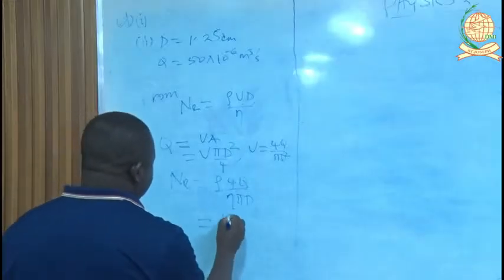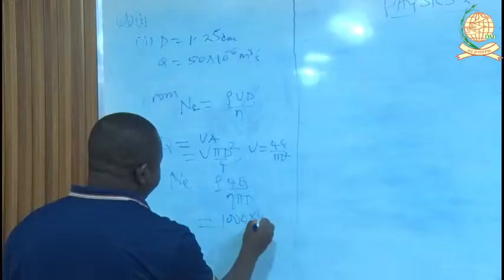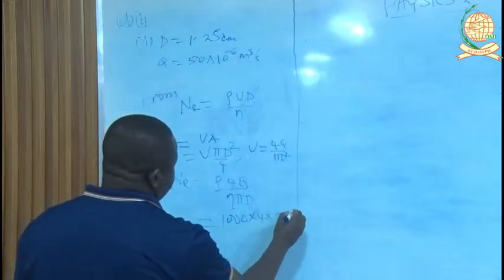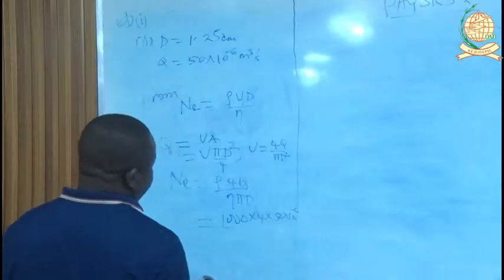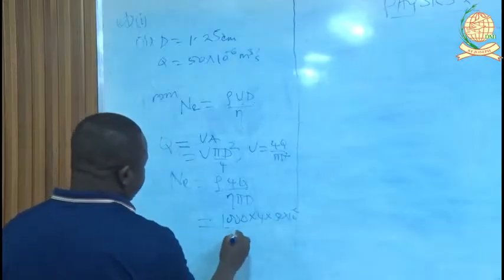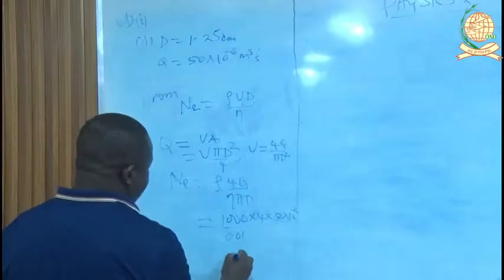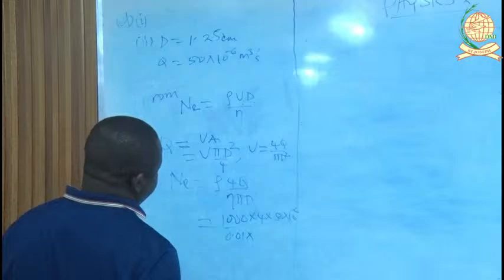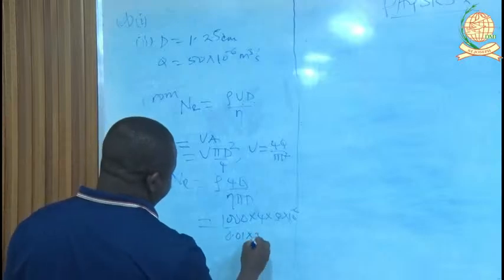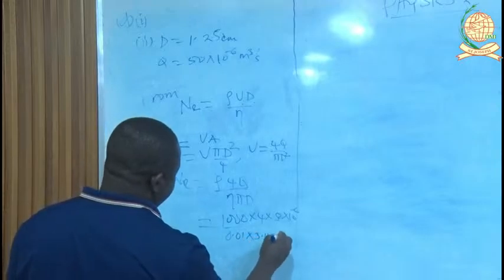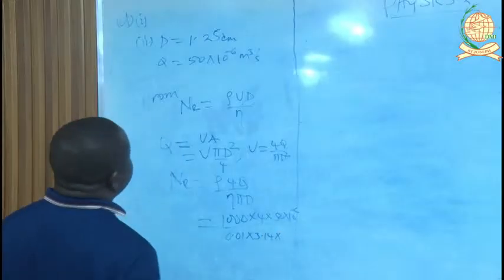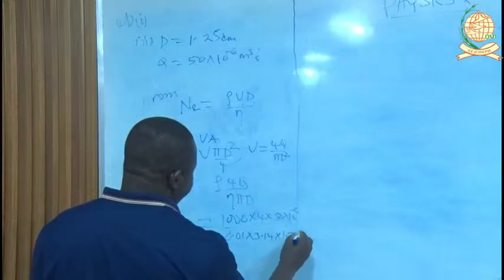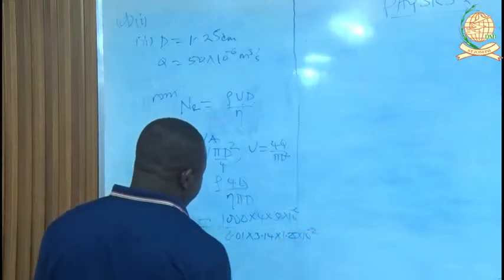So the density is 1,000 times 4 times 50 times 10 negative 6 over eta, which is 0.01, times 3.14, times the diameter, which is 1.25 times 10 exponent negative 2.